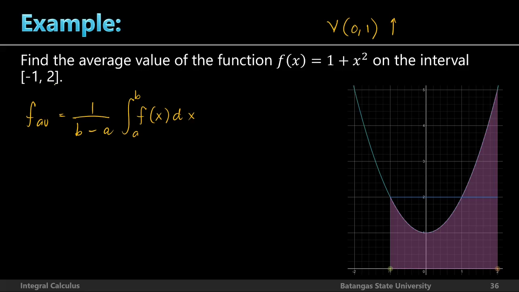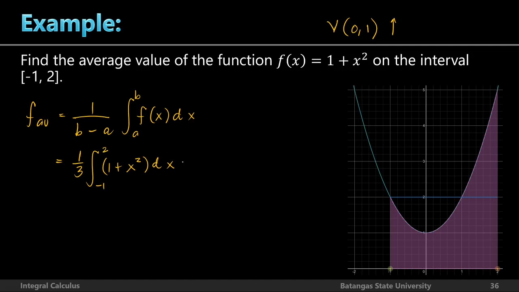So, that means that a is -1 and b is 2, right? Now, substituting the values, we have 1 over 2 minus -1, which is 3. So this is just 1/3 times the integral of the given function, which is 1 plus x squared dx. Now, I evaluate this from -1 to 2 as indicated here.